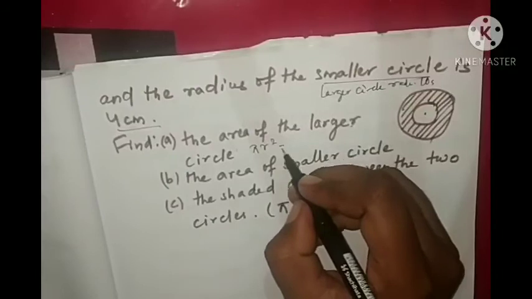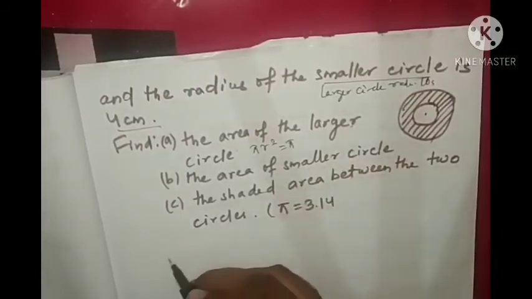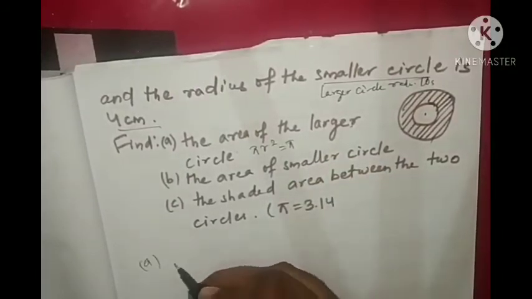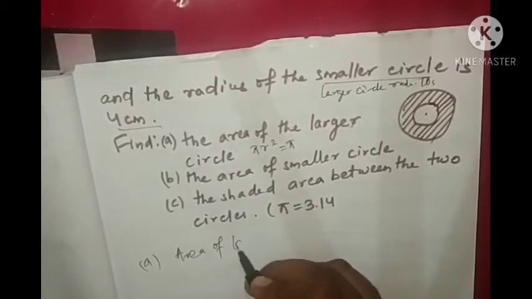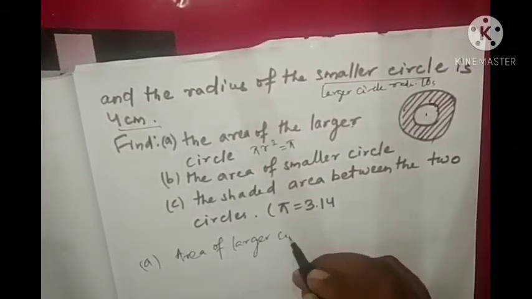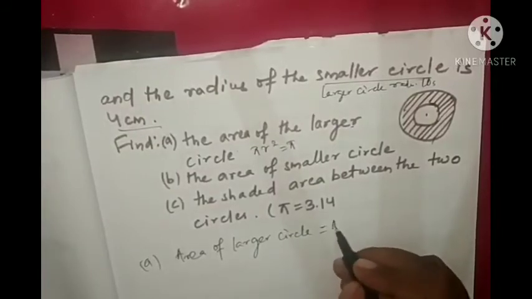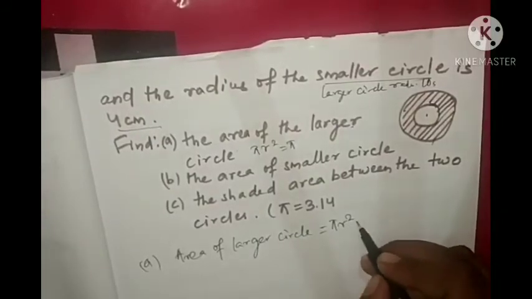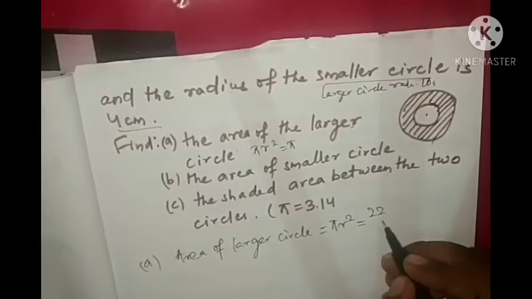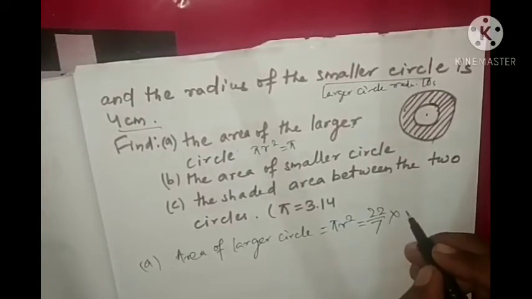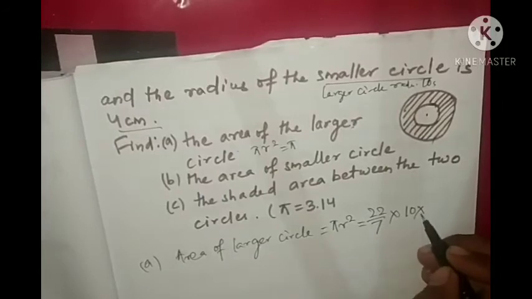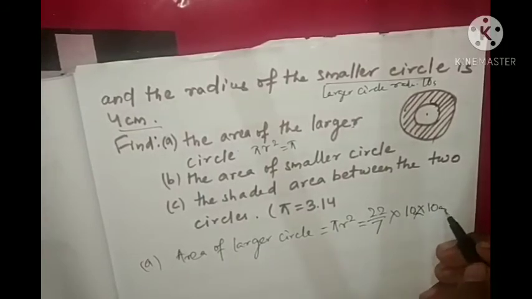So you can write A, the area of the larger circle equals pi r square. Pi is 22/7, and the larger circle radius is 10 centimeter into 10 centimeter.